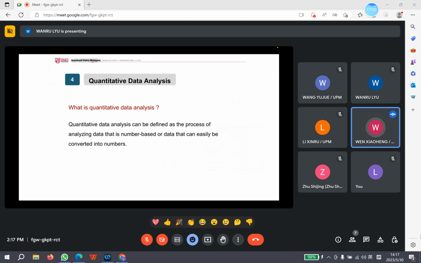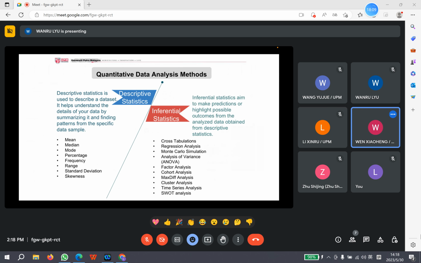And the next part is about quantitative data analysis. First of all, we need to know what is quantitative data analysis. It can be defined as a process of analyzing data that is number-based or data that can easily be converted into numbers. And we can divide quantitative data analysis into two statistics. One is descriptive statistics.